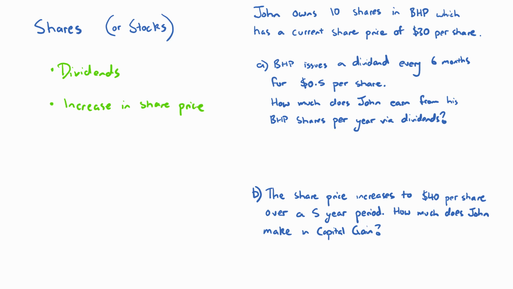So two different ways, and you may have a scenario whereby both options occur. You receive dividends during the time that you own the shares, and also the shares increase in price. Or there may be an example where you don't receive dividends, but you do get an increase in share price.